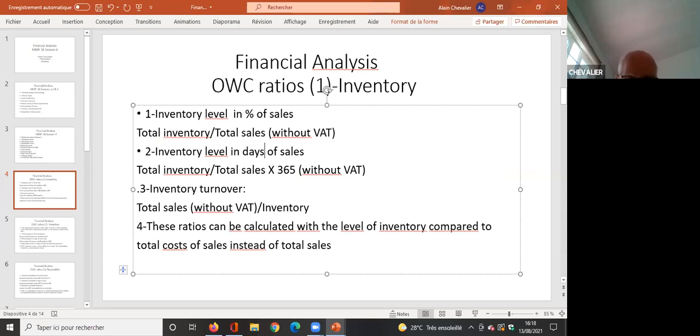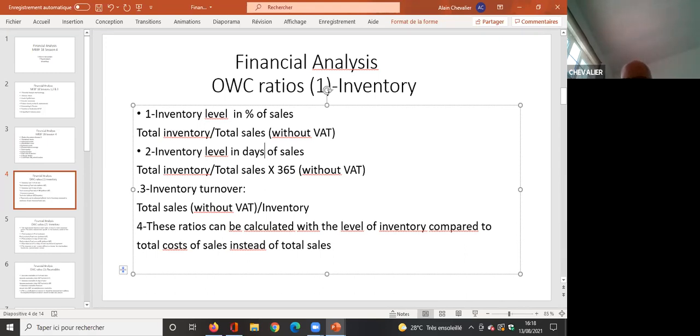The third point here is inventory turnover. We had also already one calculation to obtain turnover. It was total sales divided by total assets.